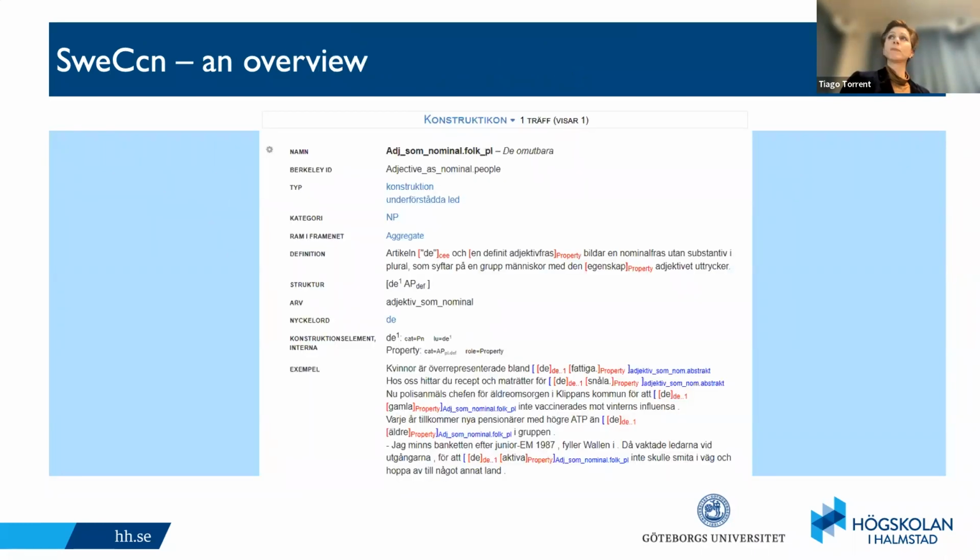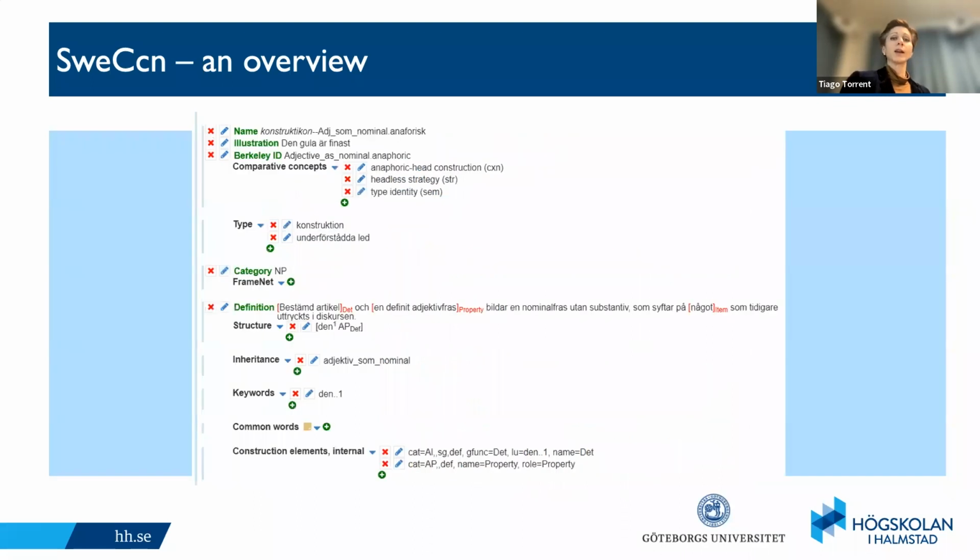As I said, this is how a construction entry looks in the Swedish Constructicon. At the moment, we don't show the comparative concepts. We have only just begun working with that. But if you go into the edit mode here, it can look just like this. We just add concepts with text like this.